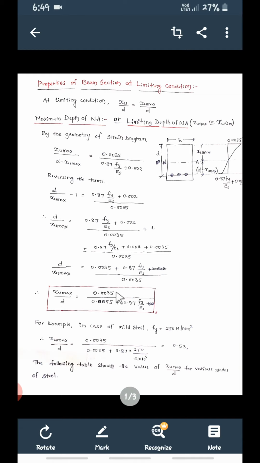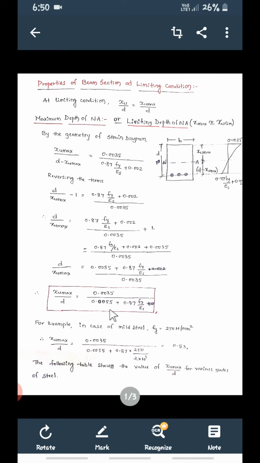In yesterday's class we found the value of the actual neutral axis, that is Xu by d. But today we have found Xu max upon d, that is the maximum depth of neutral axis. Xu max is the maximum depth of neutral axis, which is equal to 0.0035 divided by 0.0055 plus 0.87 Fy upon Es.